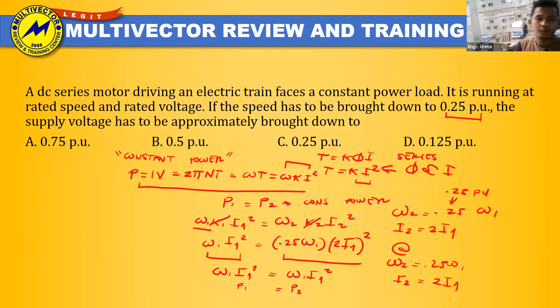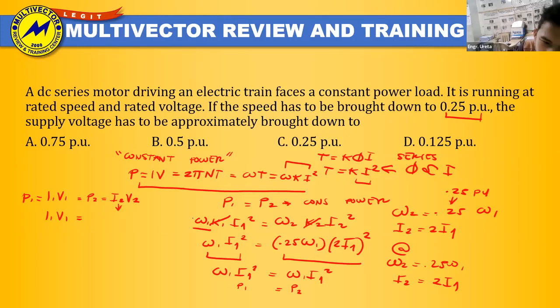Okay, so ngayon, sa formula ng power natin, P1 is just equals to V1 I1. So ano yung I1 ko? My I1 is just equals to I1, V1 is V1, must be equals to I2.